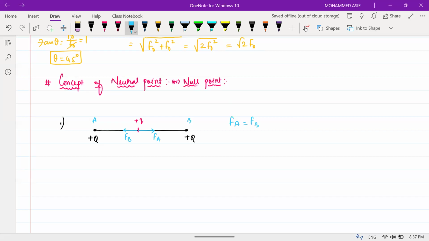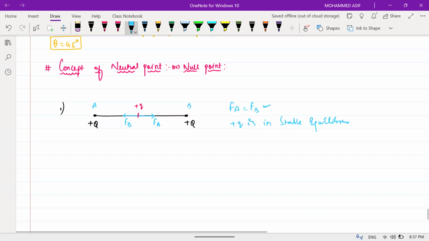That means the charge is not moving. So can I say that plus Q is in stable equilibrium? Both of them are exerting the same amount of force, so it is not able to move. If it is not moving, then it will be in what type of equilibrium? Stable equilibrium.